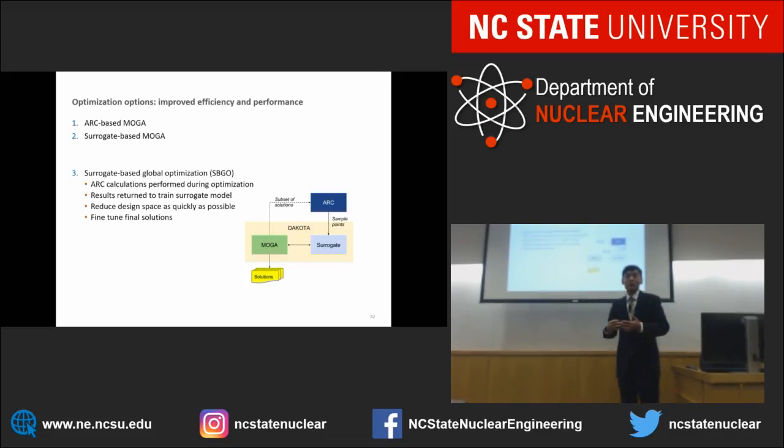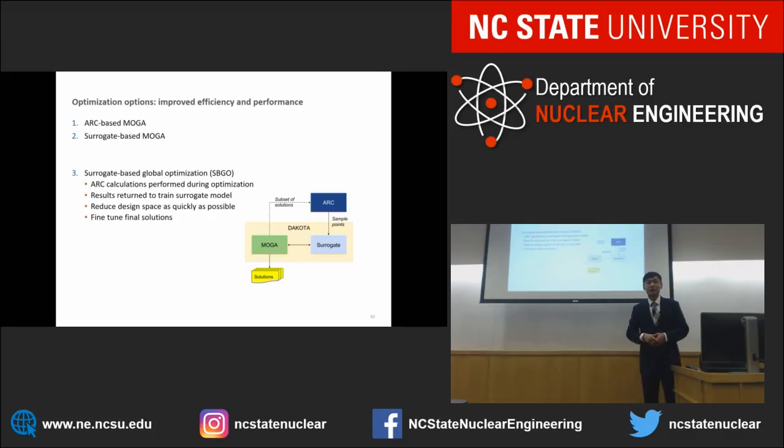It helps to reduce the design space quickly, because a lot of the dots in the first few generations are really far away from the Pareto front. We can use the surrogate model to move quickly to the Pareto front.